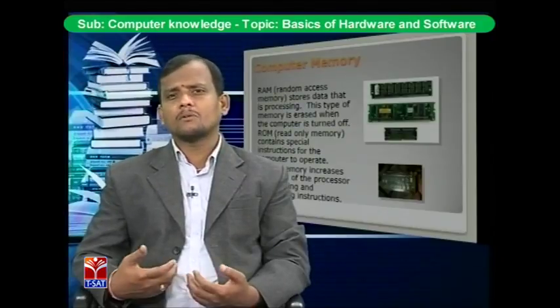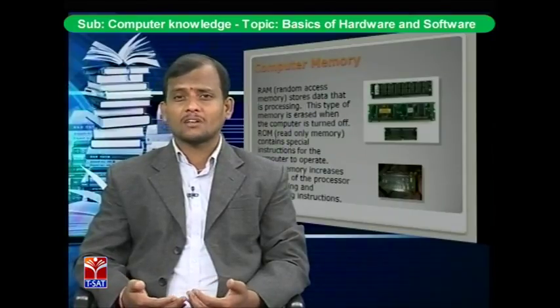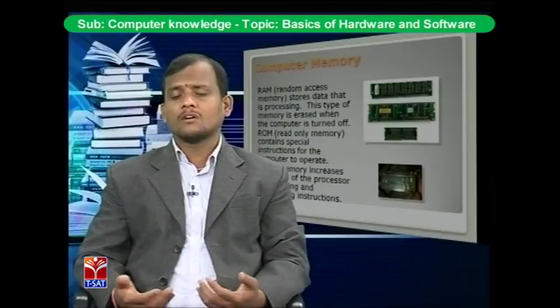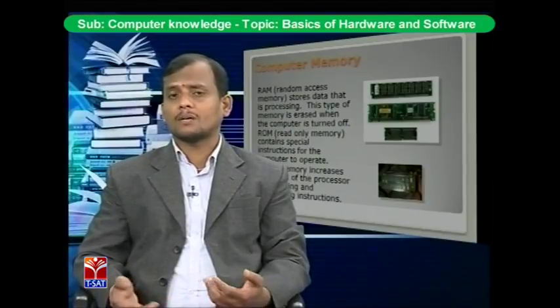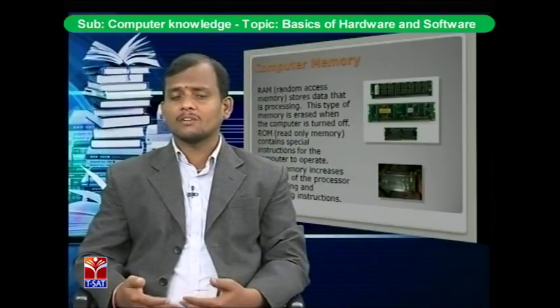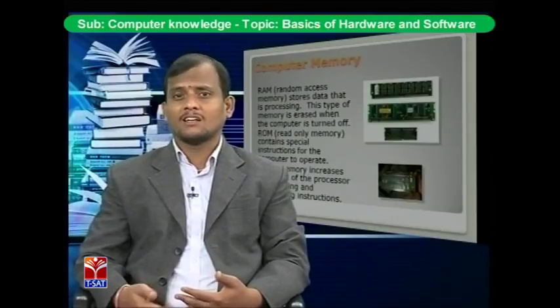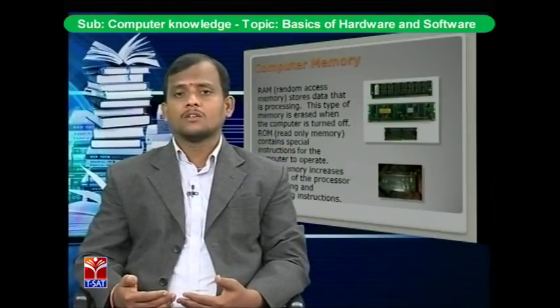So when you are giving the computer an instruction which may consume large data, or you are simultaneously processing multiple things, simultaneously giving multiple tasks to the computer, that is called multitasking. We'll look at what exactly multitasking is later.